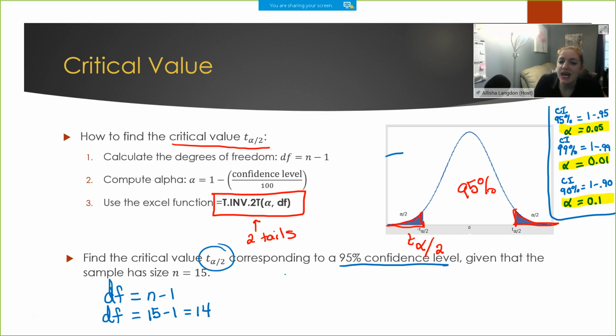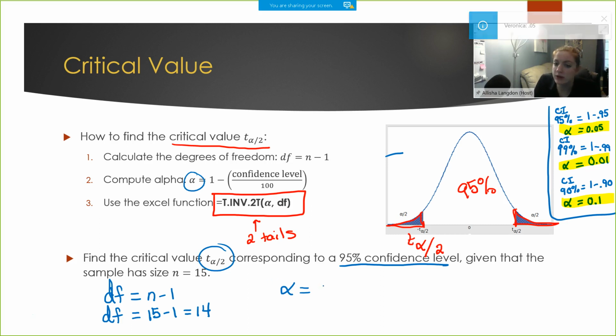Now, the next thing that we need to do is compute our alpha, our margin of error type thing. Alpha depends on the confidence level. So when the confidence level is 95%, what's our alpha going to be? Here's our confidence interval, 95%. 1 minus 0.95 is going to be 0.05.